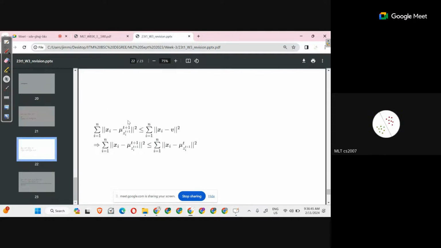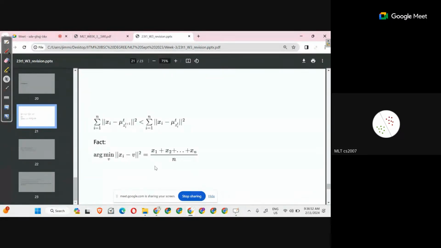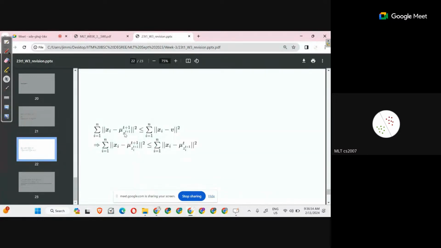So in the next slide, just by using this concept, what we are saying is that if at the t plus 1th iteration this is our updated mean, then take any point, and calculate the distance from any other point.